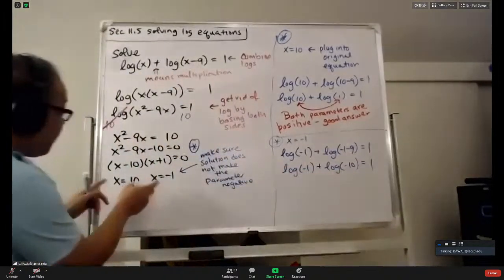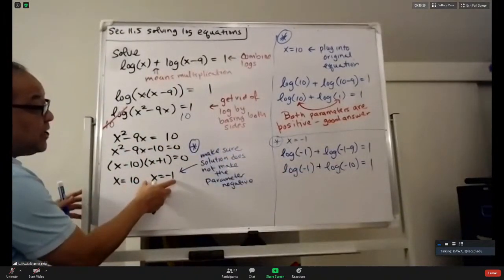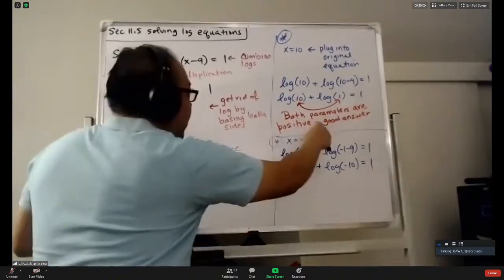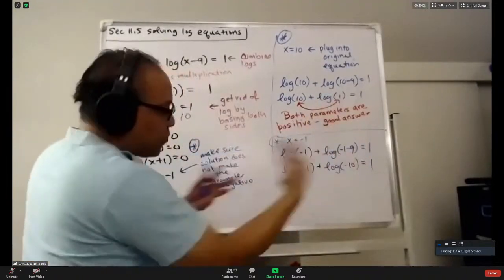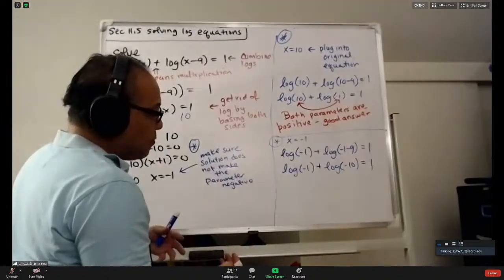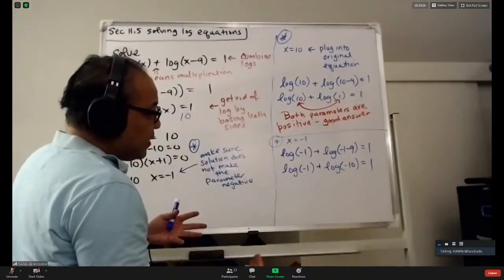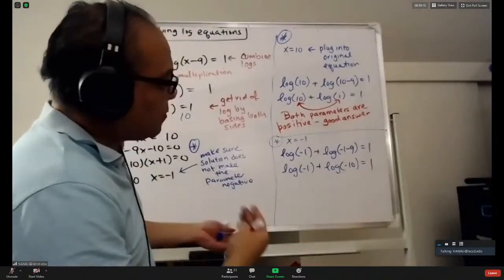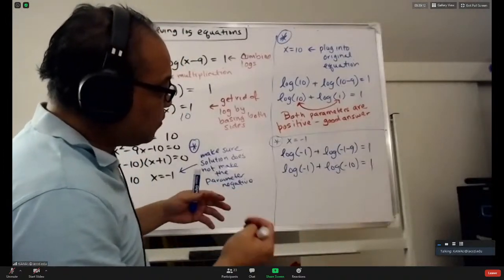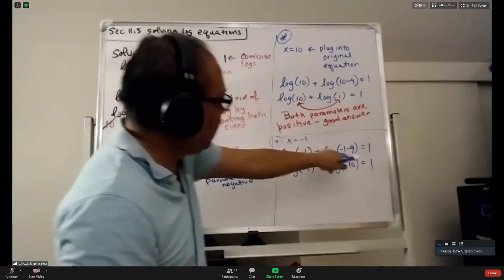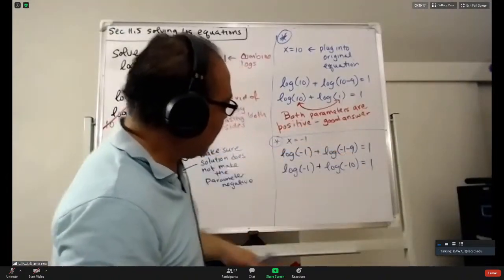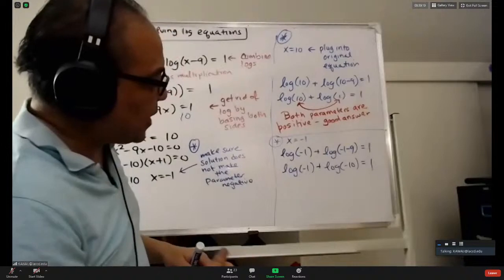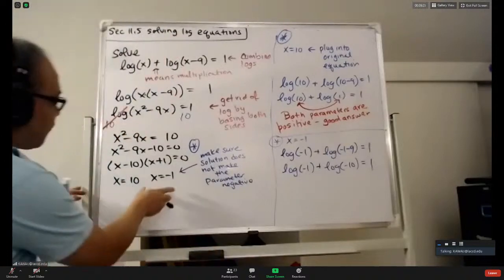So it's possible for this to be negative, and then I put it into my log, and then after manipulating it, it remains positive. Those problems do exist. So it's important that you actually plug it in and actually simplify. Otherwise, you might be crossing out something that actually works, because it's possible for x to be negative.